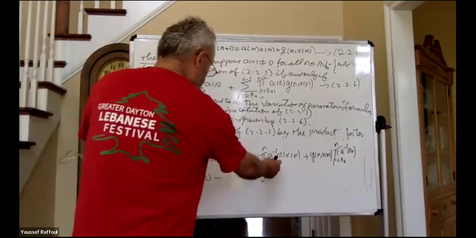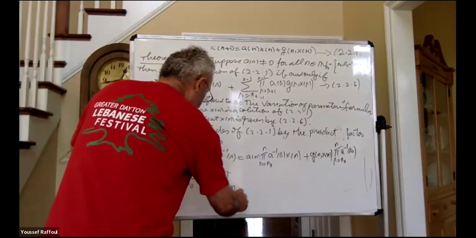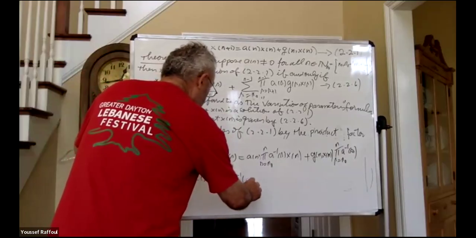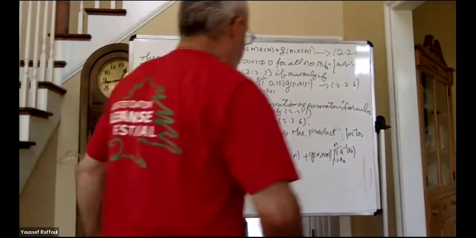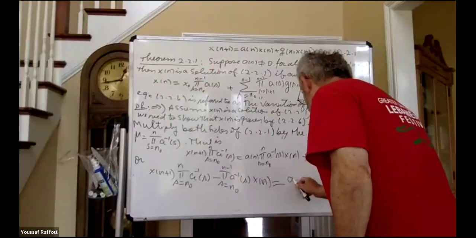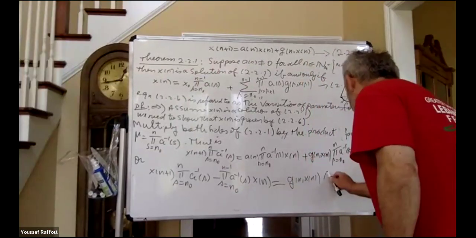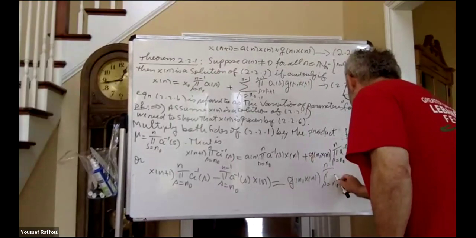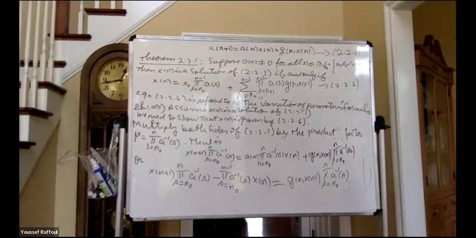I'm gonna simplify this a little bit right away. I will explain to you. Equal to g_n x_n times the product from s equals n0 to n of a inverse of s.